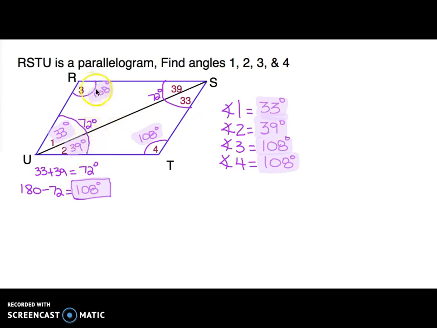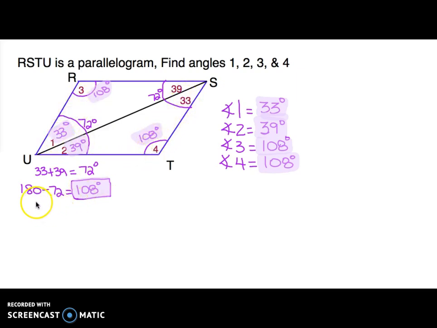To figure out angle 3 and 4, we had to add these two angles together so that we could get the full angle here, which 33 plus 39 gives us 72, which is what this angle measurement is here. We can see that these are consecutive angles, so they share a side, just like these share a side.